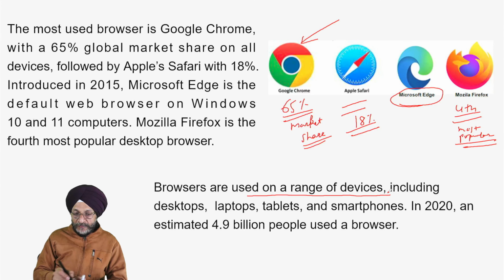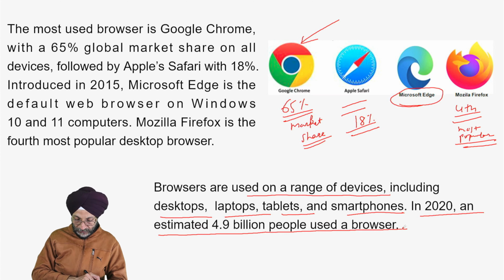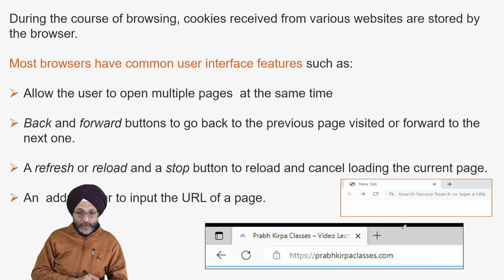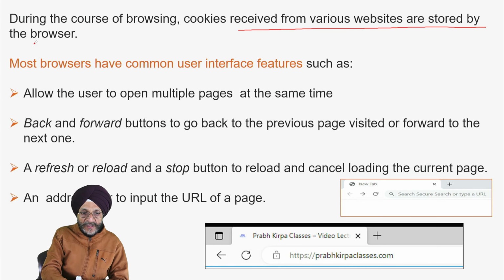Browsers are used on a range of devices such as desktops, laptops, tablets, smartphones. In 2020, an estimated 4.9 billion people used a browser. During the course of browsing, cookies received from various websites are stored by the browser.